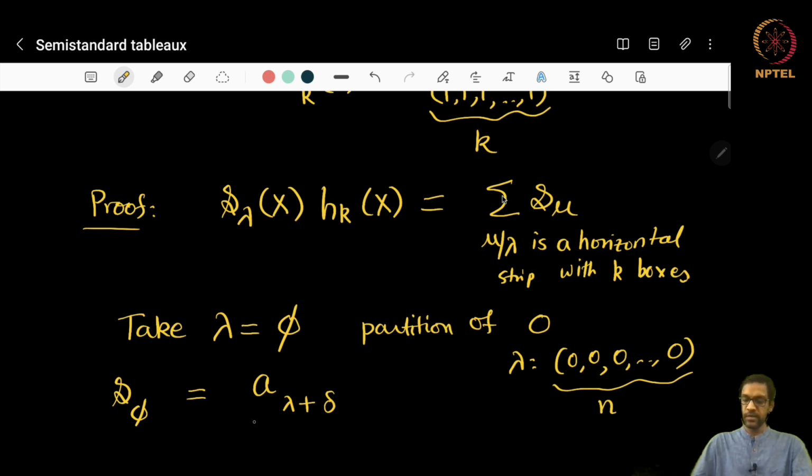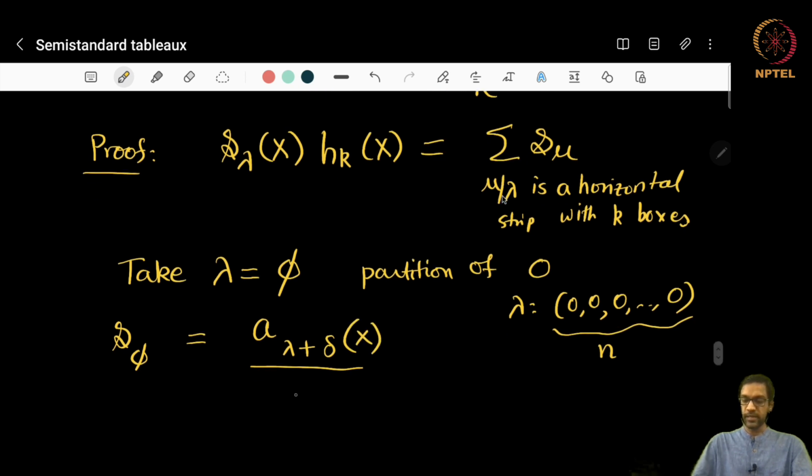So now when we look at the definition, it's a_{lambda plus delta} of x divided by a_delta of x, where delta is just the tuple (n-1, n-2, ..., 1, 0). Now observe that since lambda is all zeros, lambda plus delta is the same as delta.